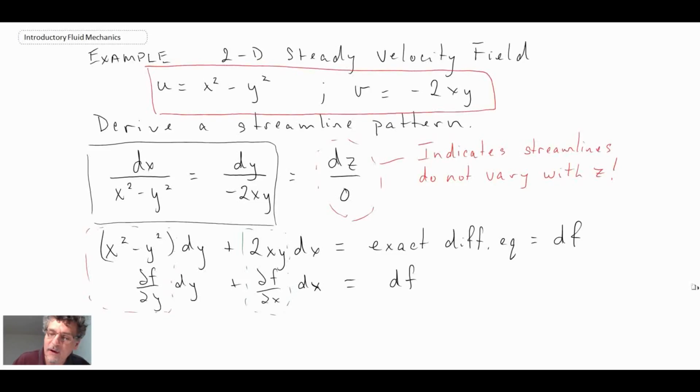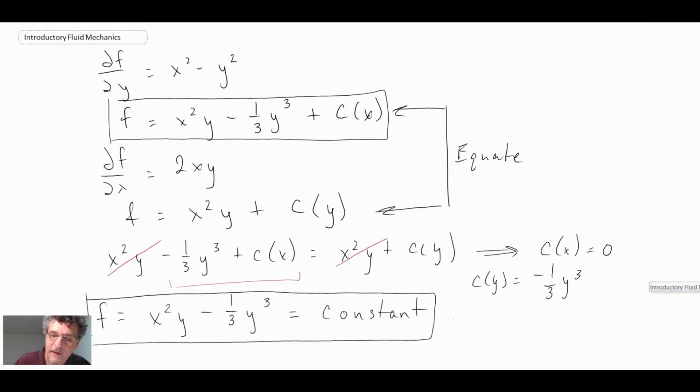So with that velocity field, this is the equation of a streamline for that particular velocity field. So what we can do is take this field, the stream function, and we can plot it. And the way that we plot it is using a contour plot. So what I've done, and I'll show you in the next couple of slides, is a plot of that function.